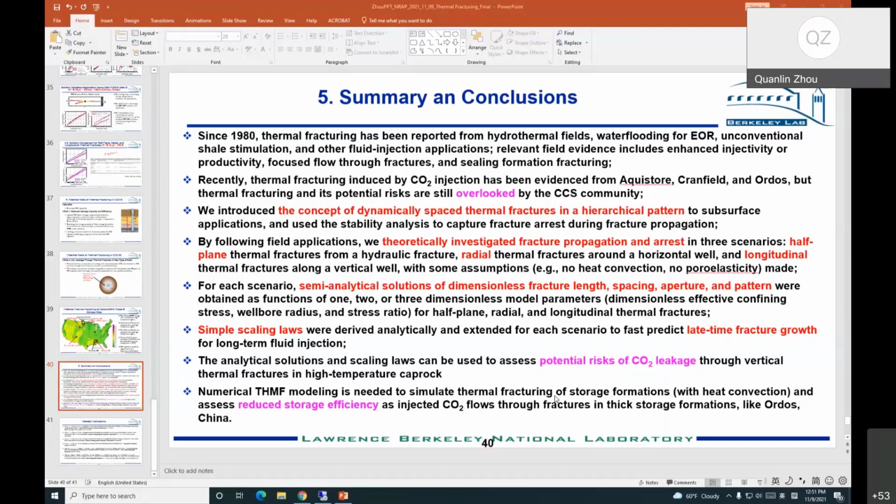But in the reservoir, if you have thermal fracturing, you are okay. But if the thermal fracturing occurs in caprock or sealing units, you will have a problem. For injectivity, yes, we have a benefit. But on the other side, for leakage risk, we may have a negative impact from thermal fracturing.